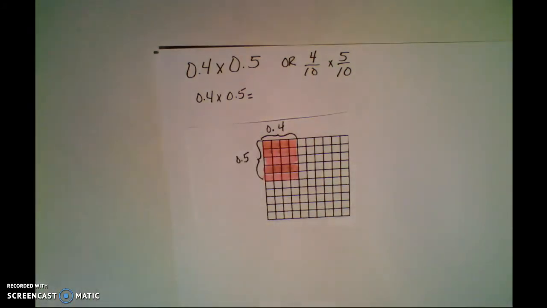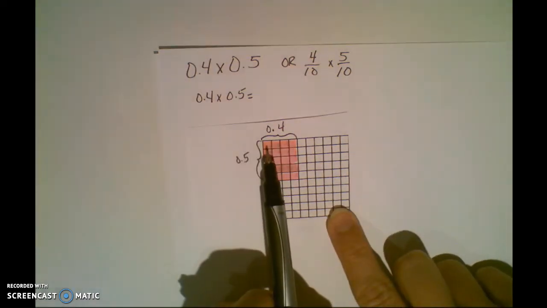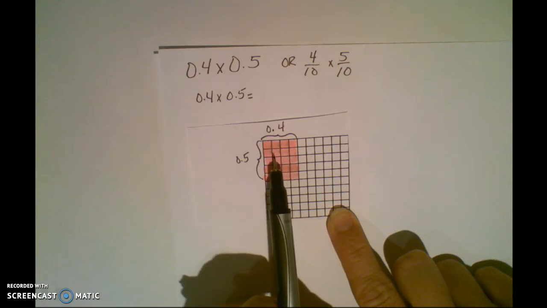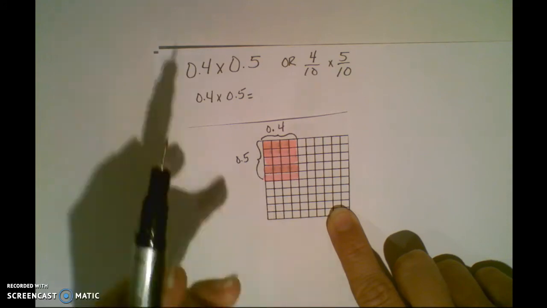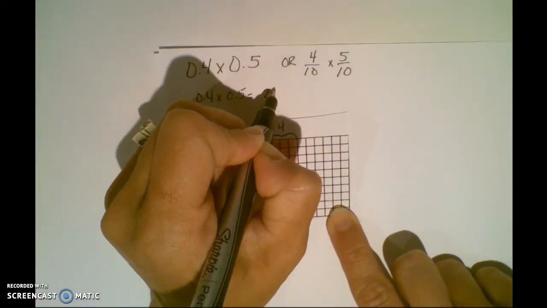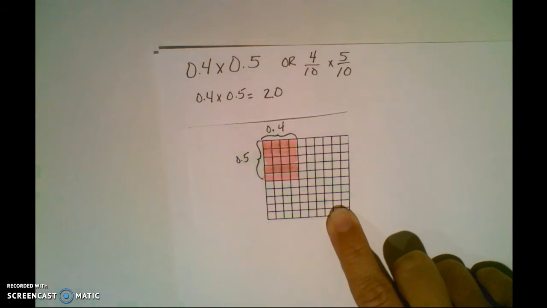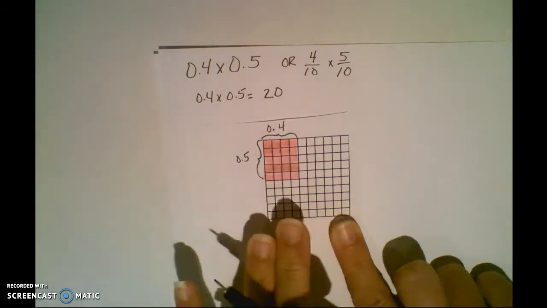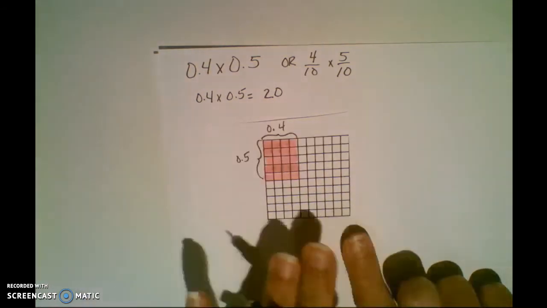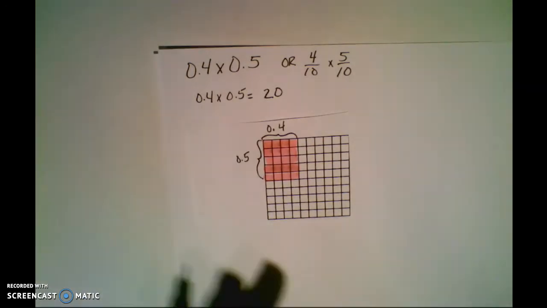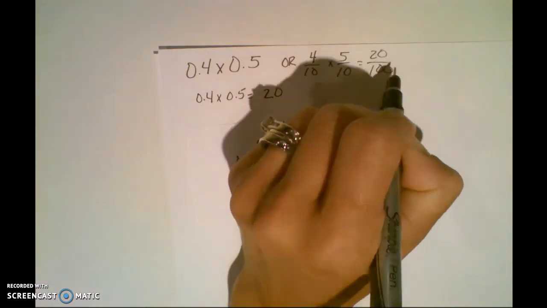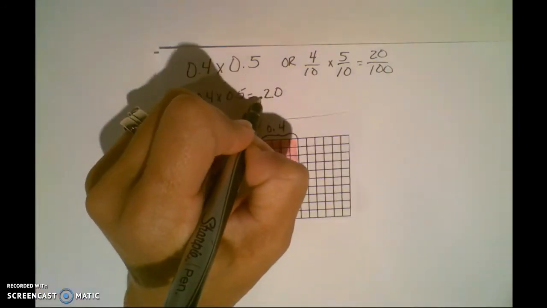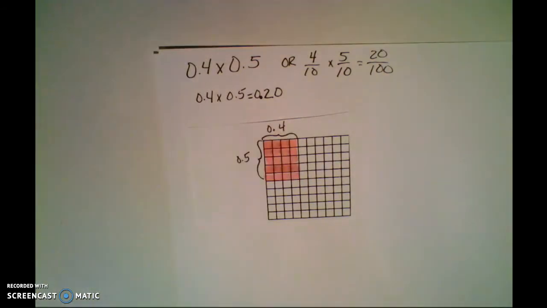What part of the whole, because I didn't shade in the whole grid, what part of the whole do I have? Well, 1, 2, 3, 4, 5, 6, 7, 8, 9, 10, 11, 12, 13, 14, 15, 16, 17, 18, 19, 20. I have 20, but I don't have 20 whole grid shaded in. I have 20 out of the 100 that I need to make a whole. So I have 20 out of the 100, or 20 hundredths.